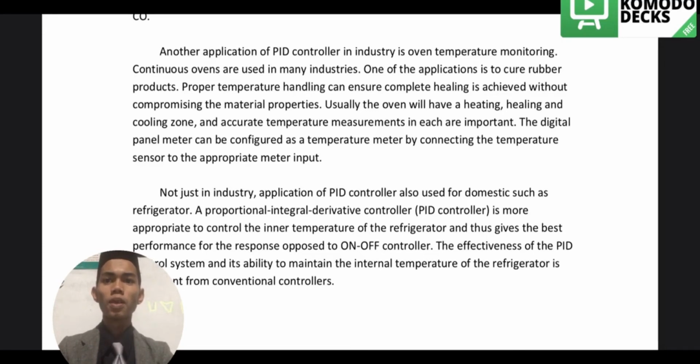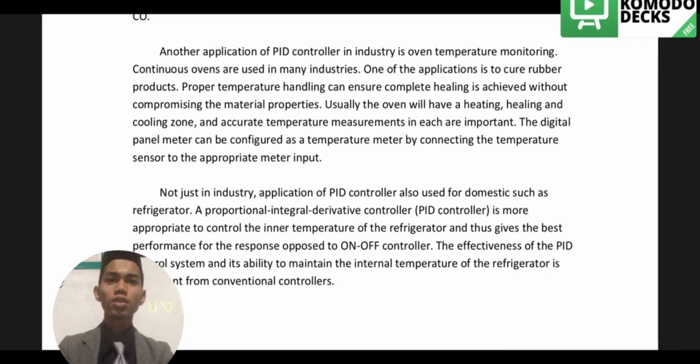input. Not just in industry, application of PID controller also used for domestic such as refrigerator. A proportional integral derivative controller (PID controller) is more appropriate to control the inner temperature of the refrigerator and thus gives the best performance for the response to on-off controller.